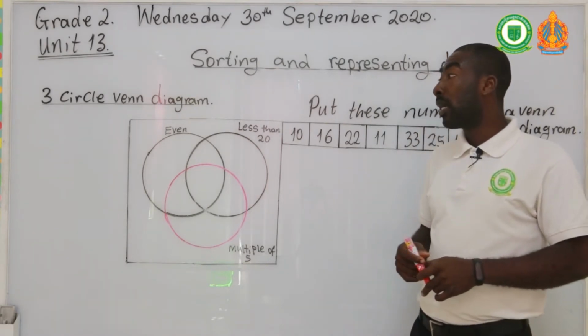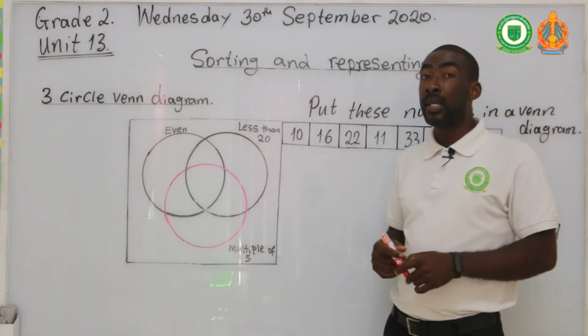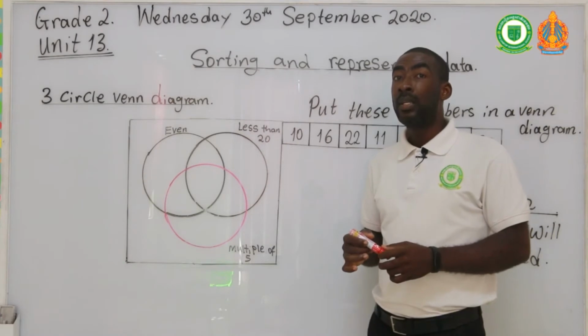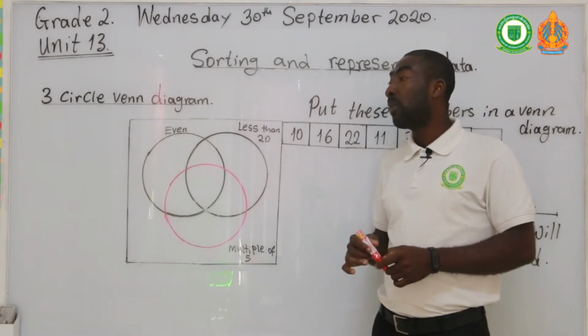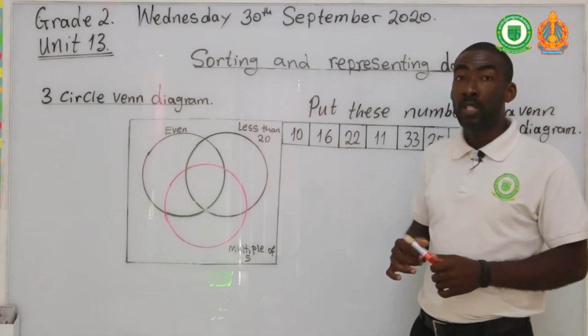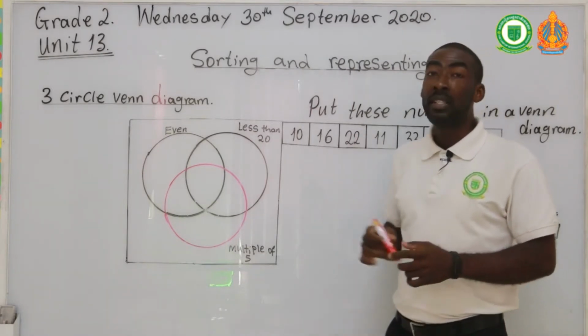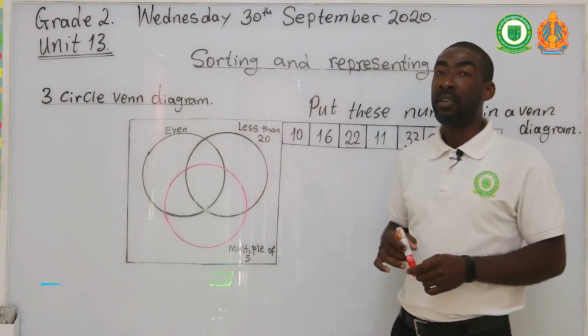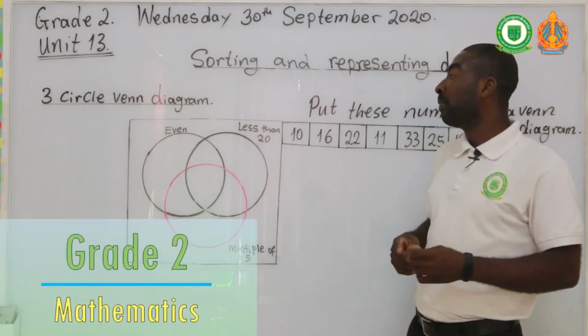This section is the first time that you will be looking at a 3-circle Venn diagram, so please, I want you to be very attentive and focus and concentrate so that you can understand this 3-circle Venn diagram easily, okay?